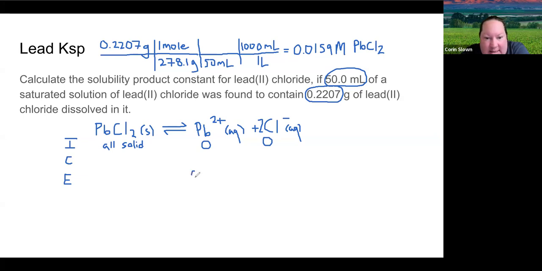So they said it's 0.0159, which means that I'm adding 0.0159. Now I'm going to take this number and multiply it by 2, which is how I know that I have 0.0318.